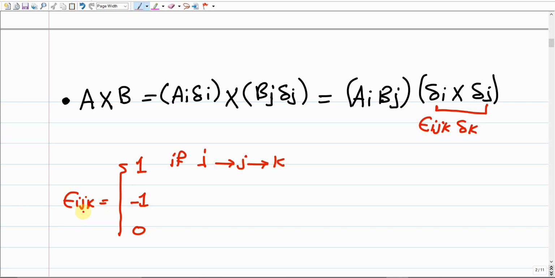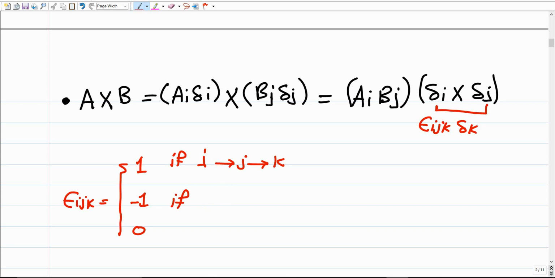Like we have i, then j, then k. So for example, if I decided to write epsilon x, y, z, this is in the same order. I'm having x, then y, then z. So the value of this epsilon should be 1. Then we said that if we messed up the arrangement of this order in any way, we're going to end up with a -1.